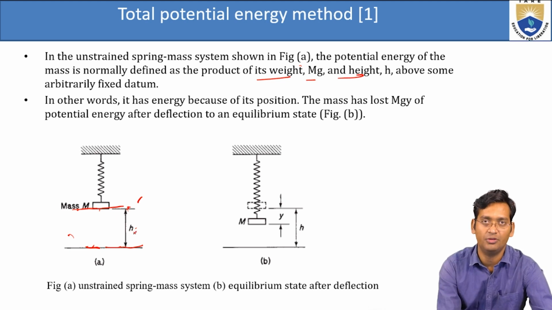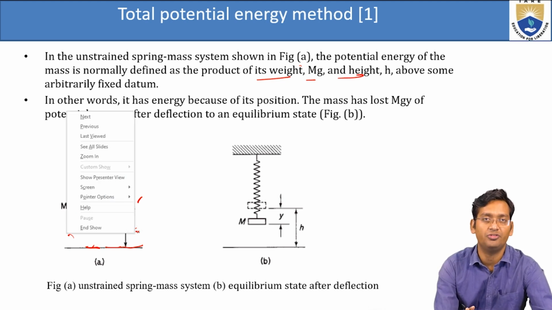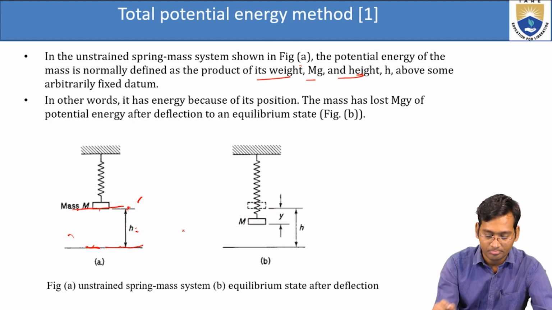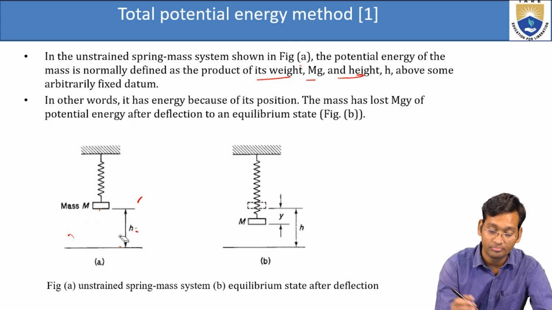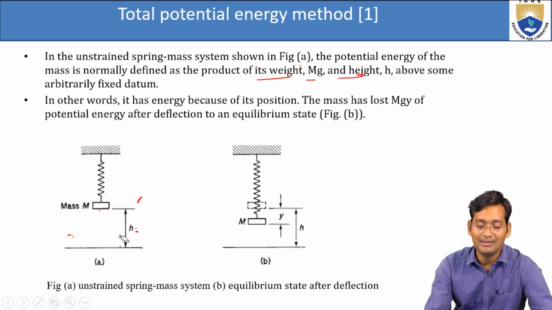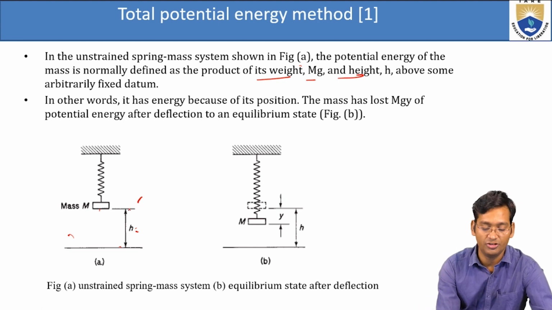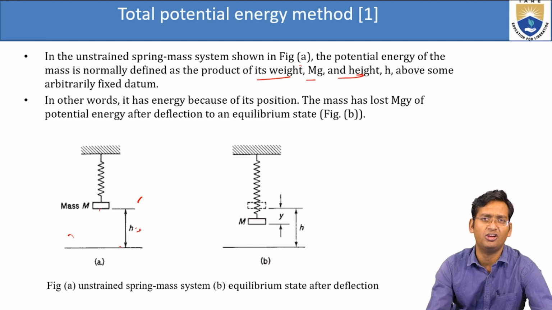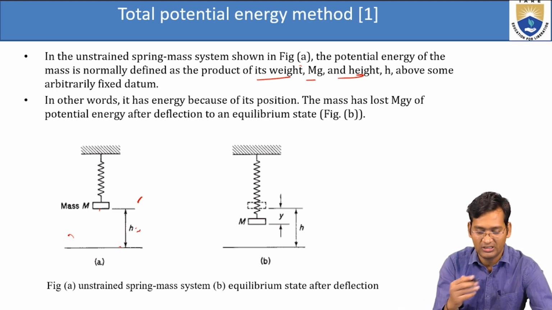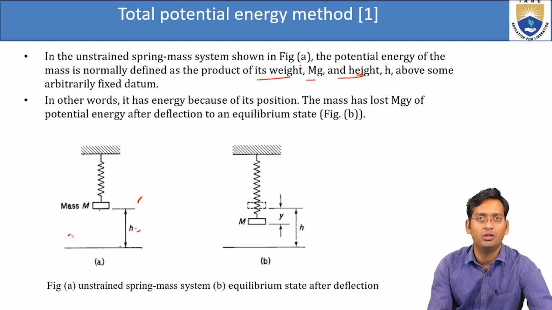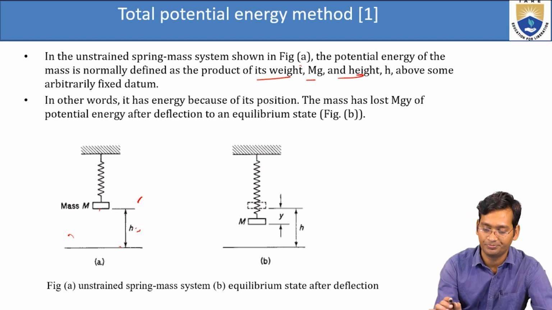Based on that height only, it will have the potential energy. In other words, it has energy because of its position. The potential energy is defined by virtue of position, so with the position only it will have that energy, and that is called potential energy.